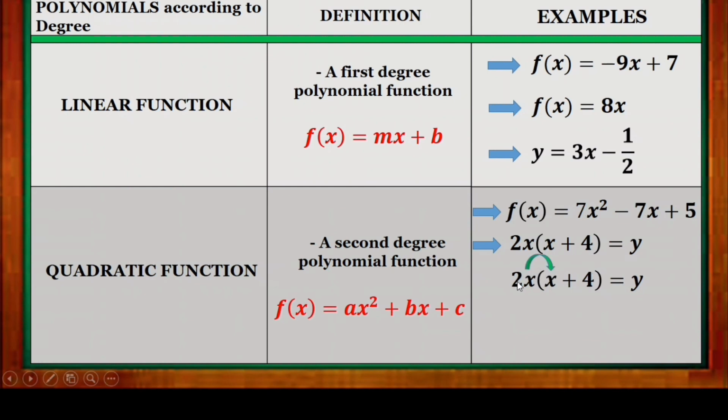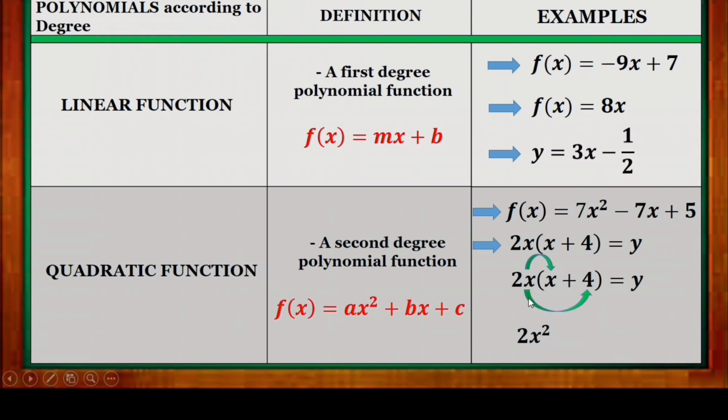We have 2x times x is just 2x squared, because 2 times 1 is 2. And x times x, kapag nagmumultiply tayo ng variable, i-add natin ang exponent. We have an invisible exponent 1 and 1, and 1 plus 1 is 2. Then copy the variable x. So, i-multiply naman natin si 2x sa 4.